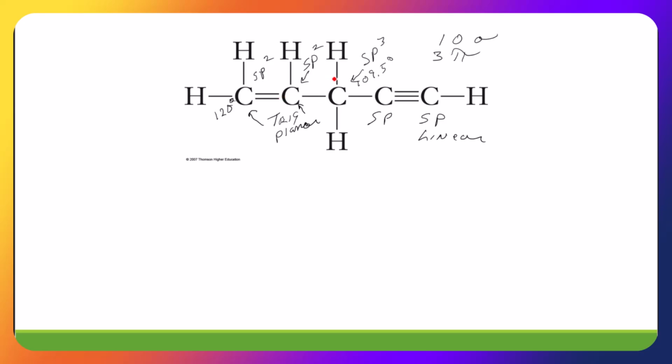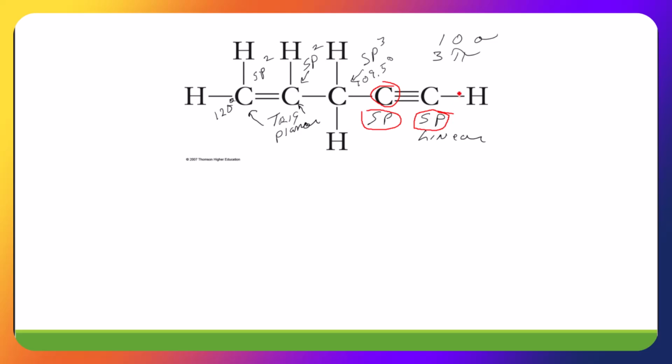But around this carbon, I have 1, 2, 3, 4 things around the central atom. That's sp3 hybridized, tetrahedral electron geometry. Around this carbon, I've got 1, 2 electron domains. That is linear, sp hybridization. Same thing around this one. That's 180 degree bond angle.